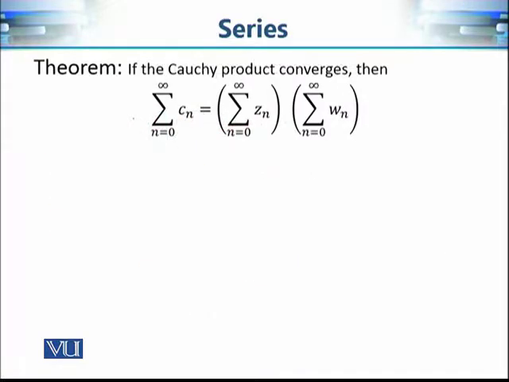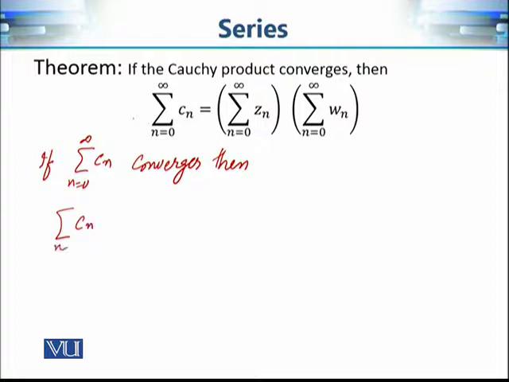Now, given this Cauchy's product, the point is that if the two series are convergent, that doesn't guarantee that their Cauchy's product is also going to be convergent. And if the Cauchy's product is convergent, then we say that this Cauchy's product Cn is equal to the product of these series. So then we use the equality here.